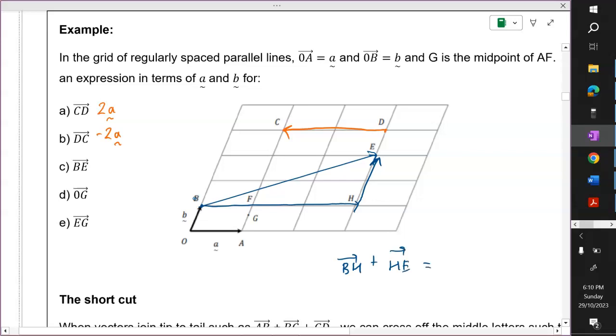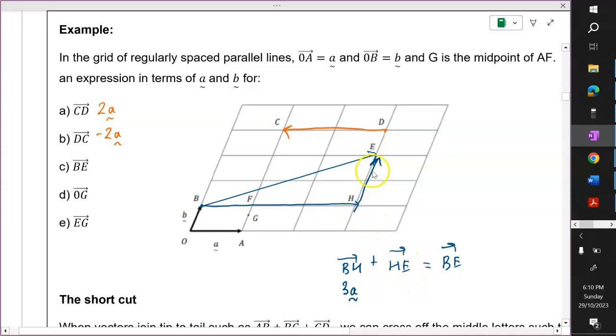And if we were to add those, because they're going from tail to tip, we would get vector BE. So that's what we've got for vector BE, but it wants us to do that in terms of A and B. So BH, along here, we're going to do it the same way as we did CD, is 1, 2, 3 lots of vector A, or 3 vector A's.